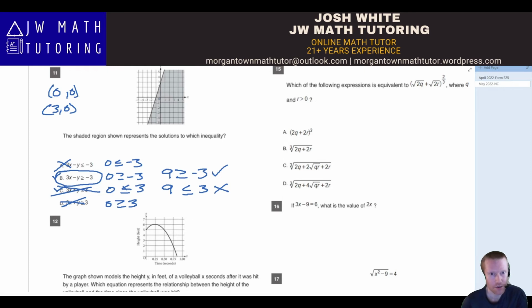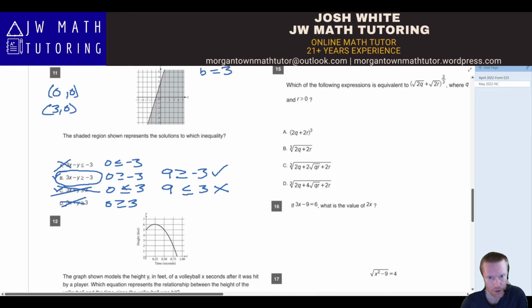Here is a second method that we could use, and you might find this to be a little bit quicker. So what I would do is I would first look at the line, and then I would notice that the y-intercept is 3. So the b value is 3, and then I would count to get the slope.